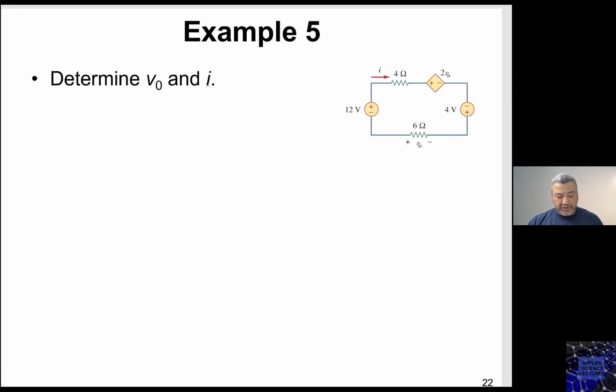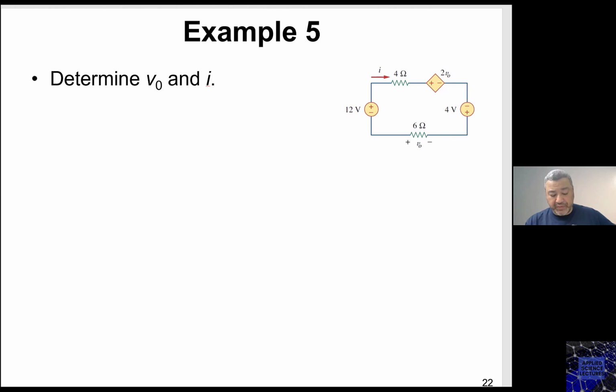Okay, so let's look at this example. In this example, we need to determine the V naught and the current I. So V naught is the voltage drop across the 6 ohm, and I is the current that's going in this loop. Now notice that all those components you're seeing have the same current and they all are in series.